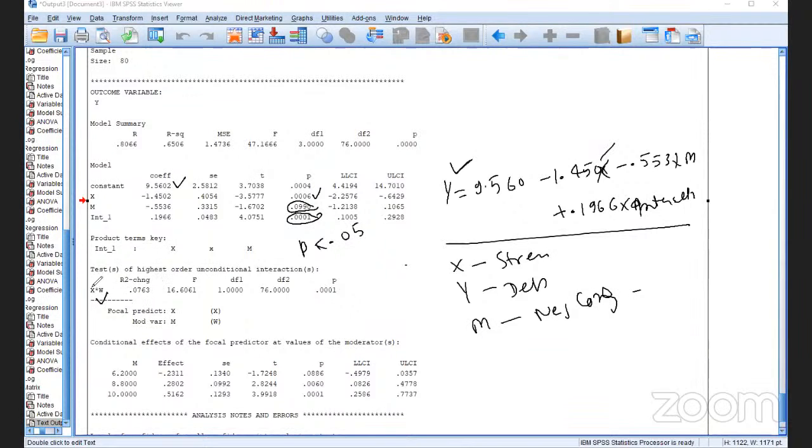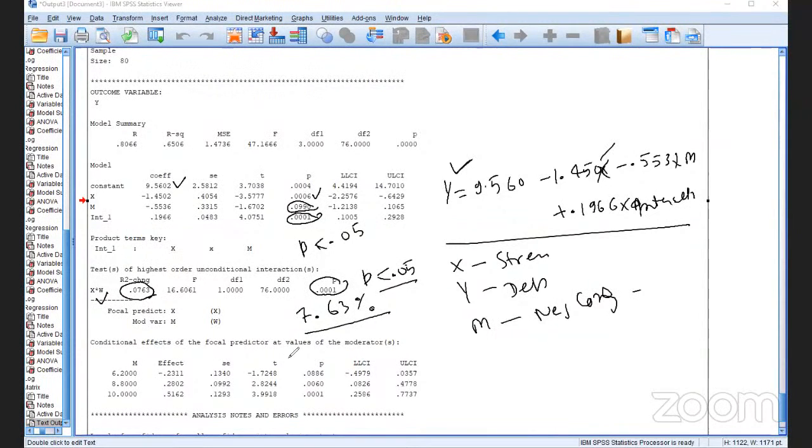Due to this, what is our R square change? It is 0.07, meaning 7.63%. Whether this R square change is significant or not, who will tell us? This p value, and here the p value is less than 0.05.